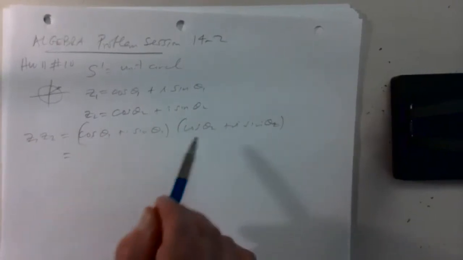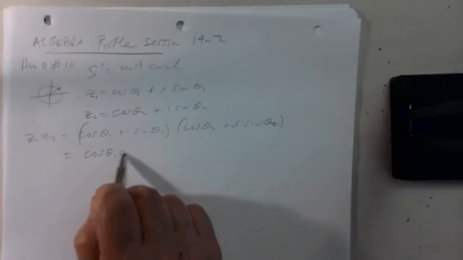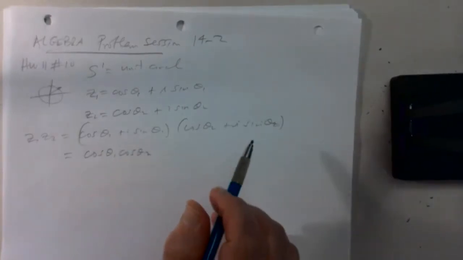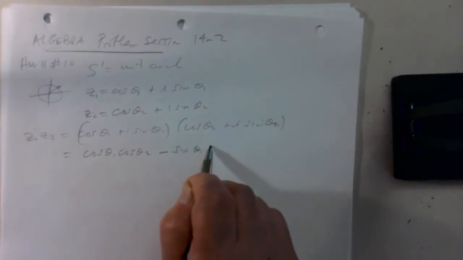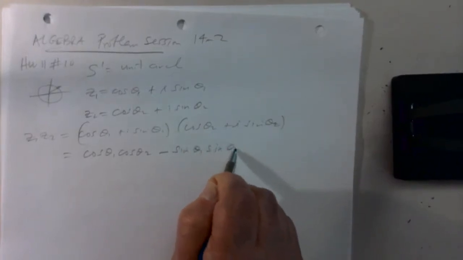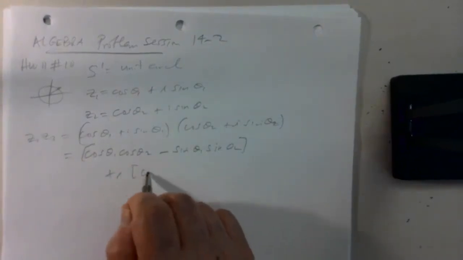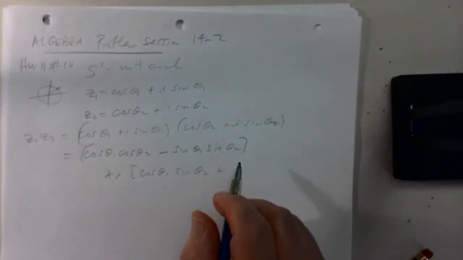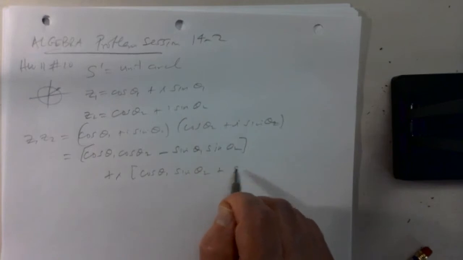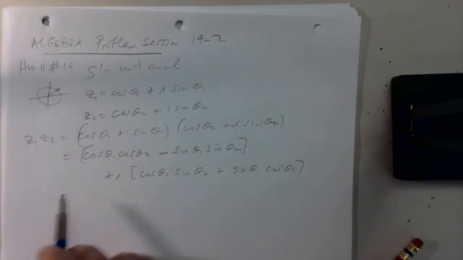The real part is the product of the real parts minus the product of the imaginary parts. And the imaginary part is cosine theta 1 sine theta 2 plus sine theta 1 cosine theta 2.